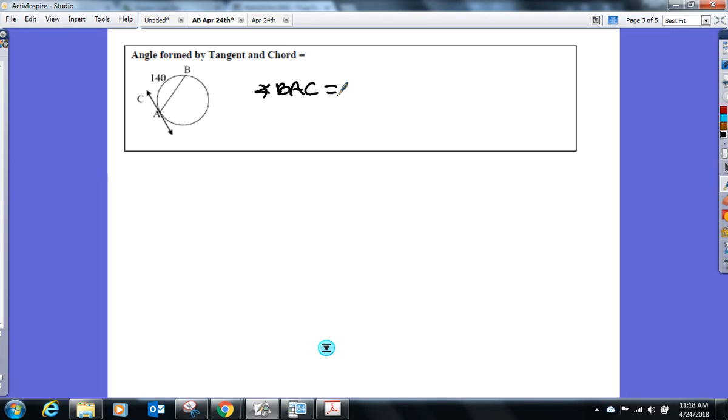Because the vertex is on the circle. So you'd probably say inscribed, but remember, inscribed means the two sides have to be chords, and this one's not a chord. Here's how you find it. You find it the same way as an inscribed angle. You take half its arc. So angle BAC will be half of arc BC.